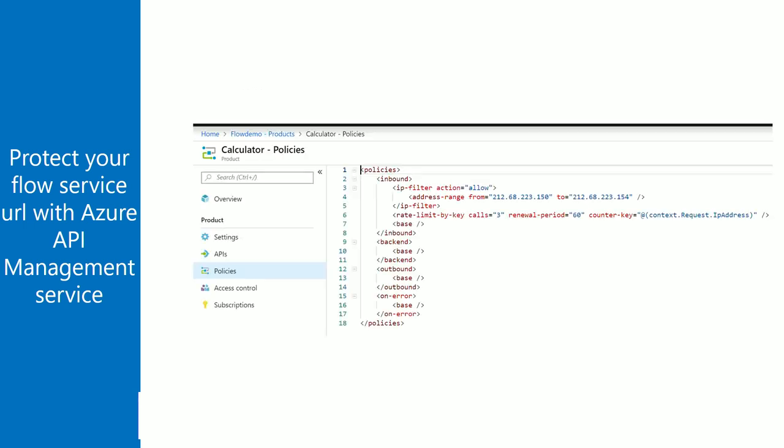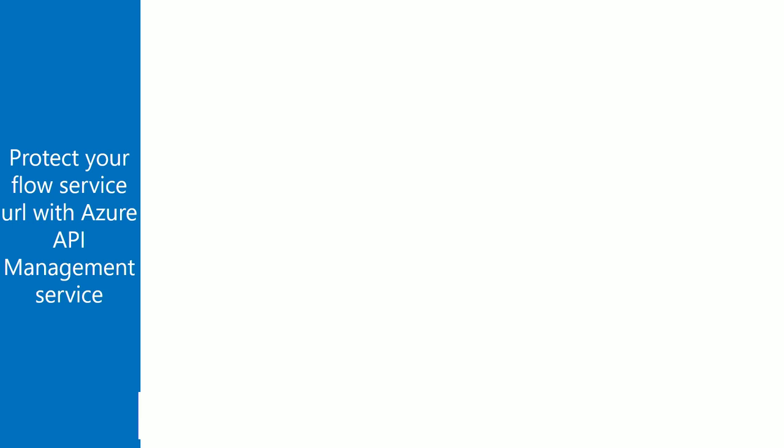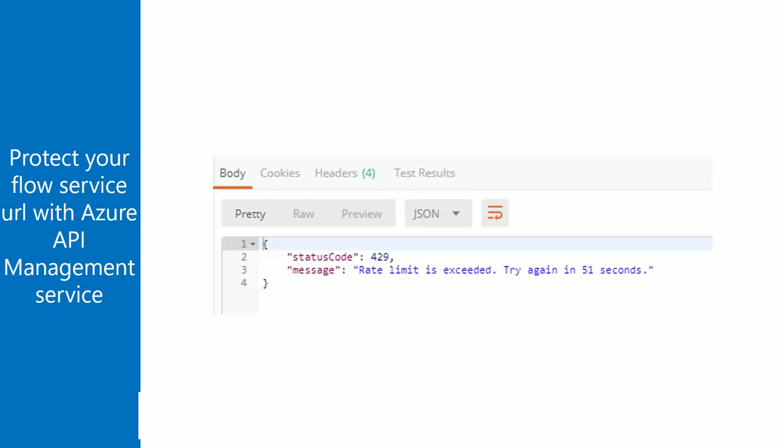Or you can say, oh, I want to prevent people from calling my flow too often. You can provide some kind of throttling. Or you can say, you can only call my flow if you come from this and this IP address. So that's very, very easy to implement with the Azure API Management service. So if you put throttling, the caller will get the infamous error 429. So don't forget, that is important.